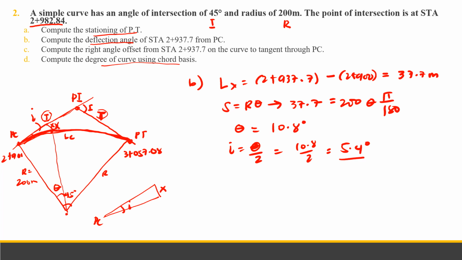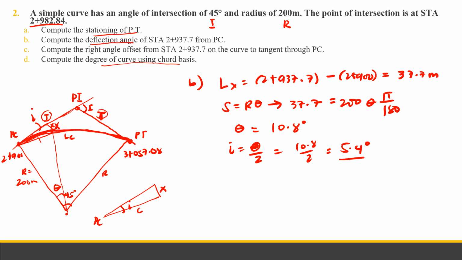Okay? So, first is, solve natin yung chord. So, kuha natin yung chord muna. So, this is the C.